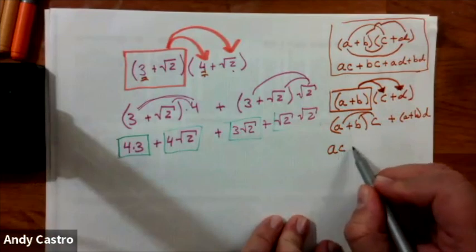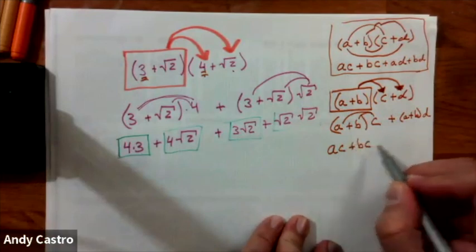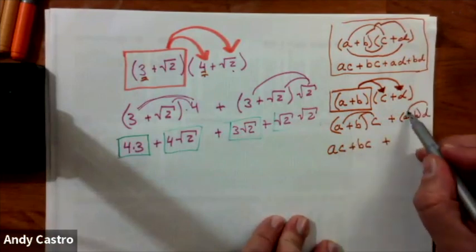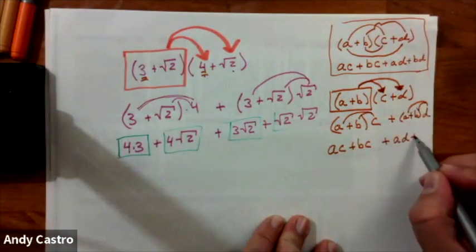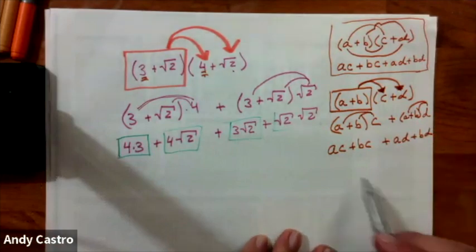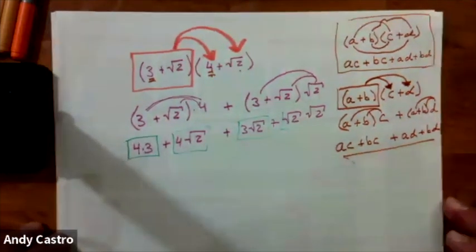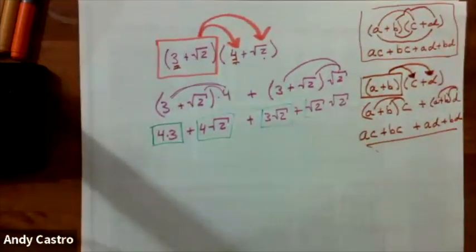So AC plus BC plus, now we're going to distribute the D in, AD plus BD. So that's where that comes from. And I'll review this again when we look at factoring quadratics because that'll come in handy.